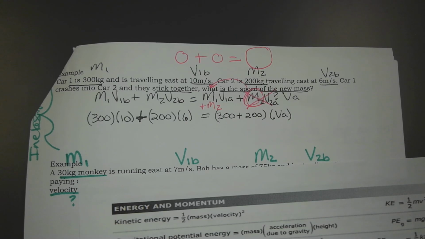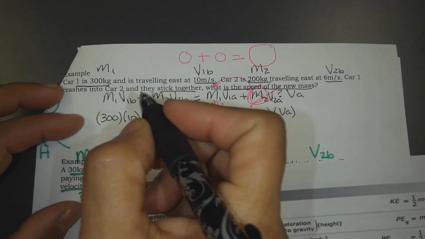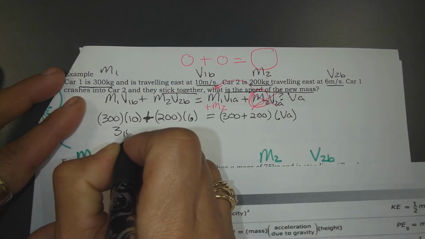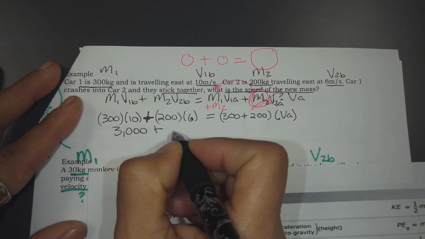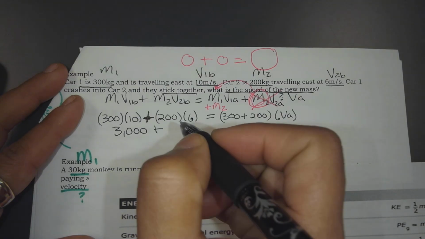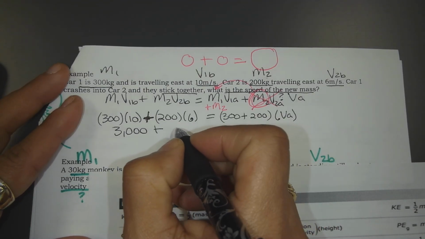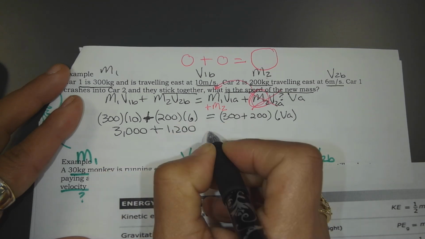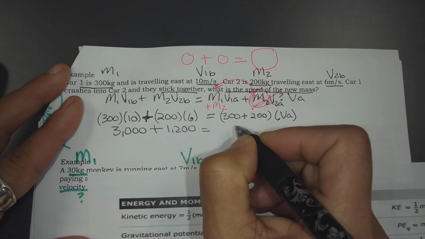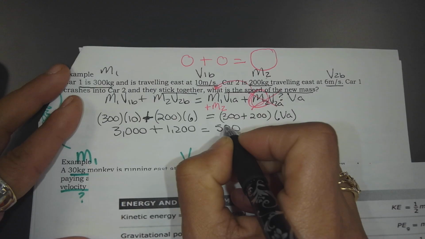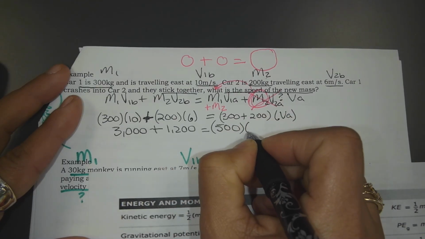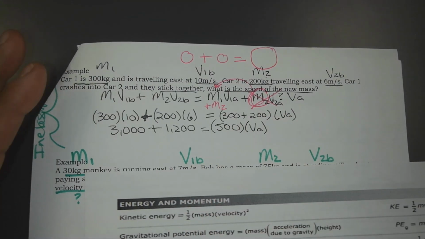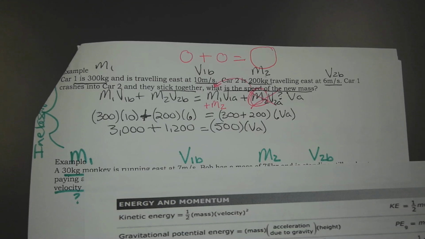All right, let's go ahead and do this math so that way we can kind of simplify it and answer this. 300 times 10 is going to be 3,000 plus 200 times 6 is going to be 12 plus 2 zeros, so 1200 equals 300 plus 200 is 500 multiplied by VA, the velocity of this collision after.